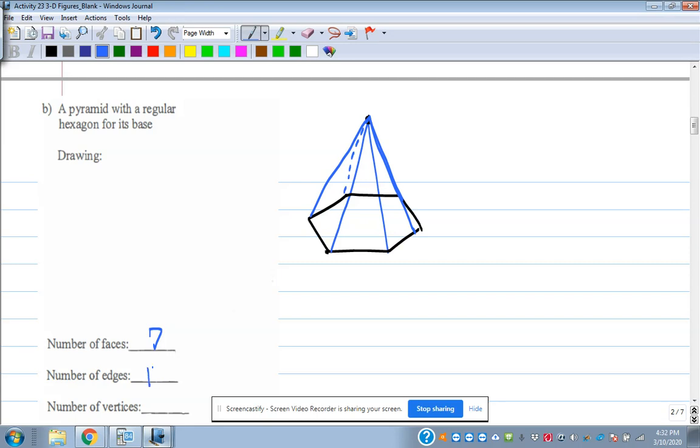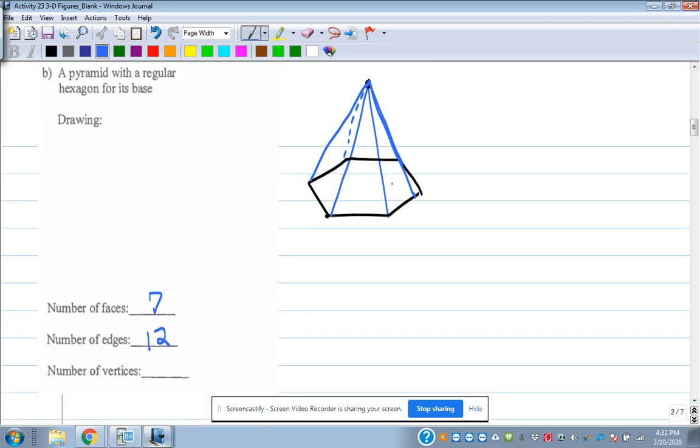I got 12. Vertices. Got 6 around the bottom and 1 at the top, so it should be 7. Okay.